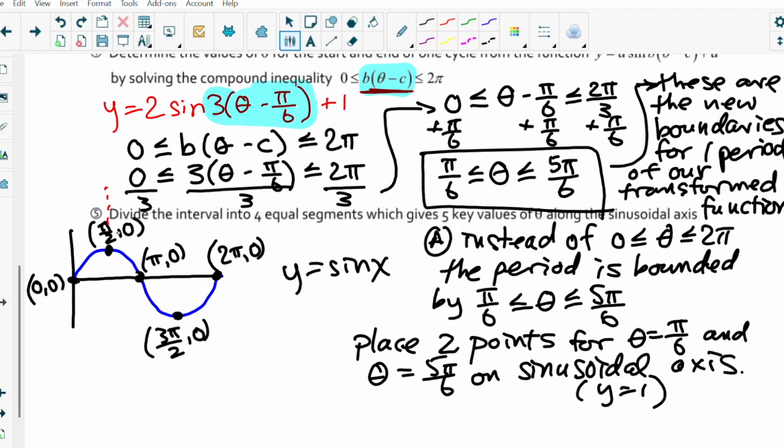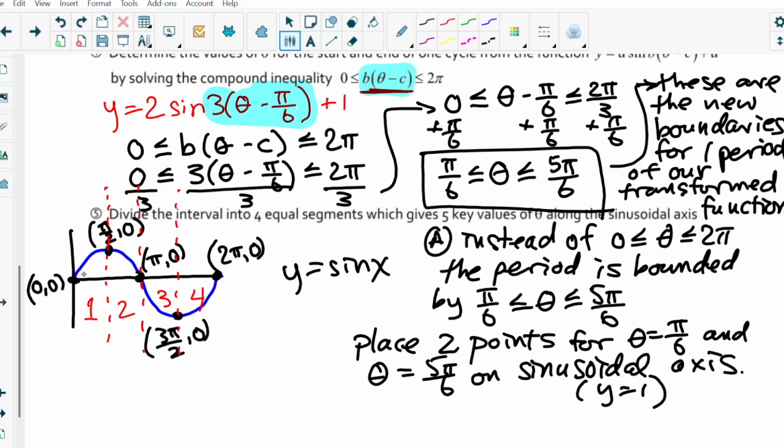So I know properties of symmetry on my original graph. I have 4 basic sections. So take a look at the 4 sections that you create: section 1, 2, 3, and 4. Between section 1 and 2, I know there's a maximum.